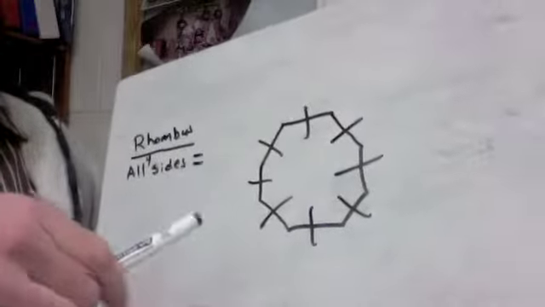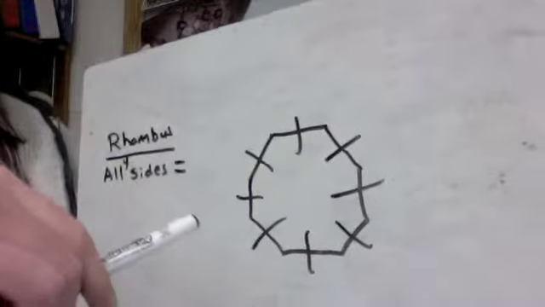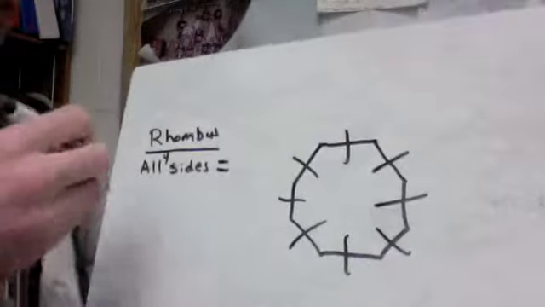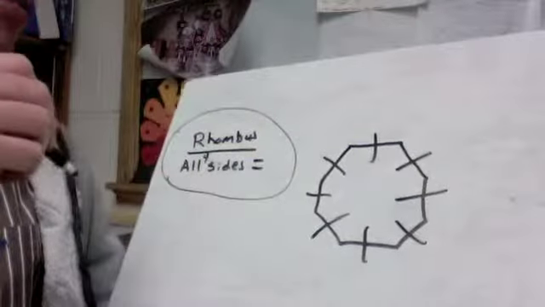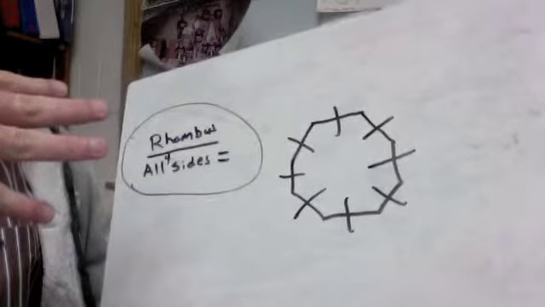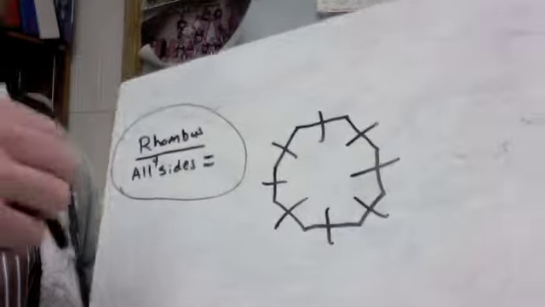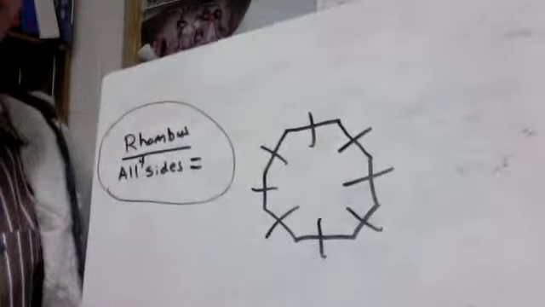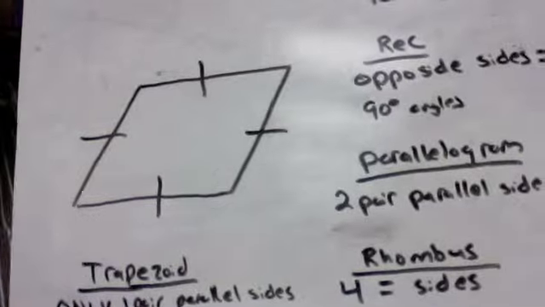This has 8 sides. It has nothing to do with a quadrilateral. If it's not a quadrilateral, we can't even begin to start talking about a rhombus. A rhombus has to have 4 sides, and then all the sides have to be equal. This is just an octagon, definitely not a rhombus.